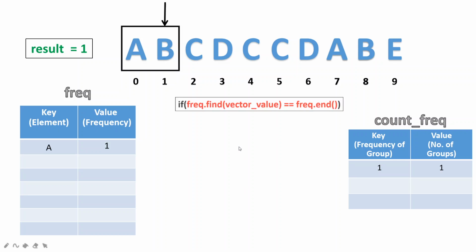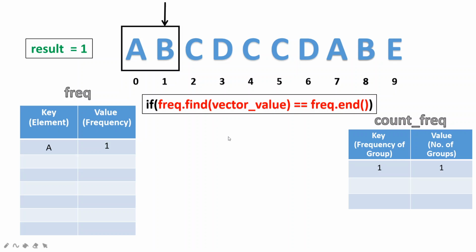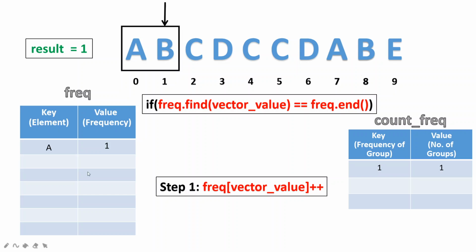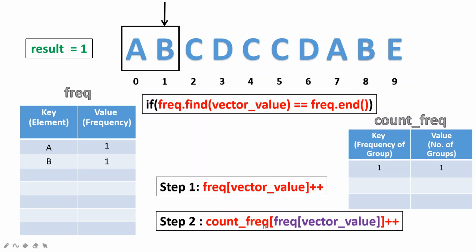Let's do that. So the value doesn't exist. Step 1 would be creating an element in the frequency hash map. Then step 2 would be to update the corresponding count frequency, using this value as a key to the second hash map.